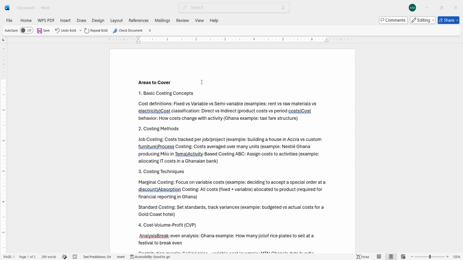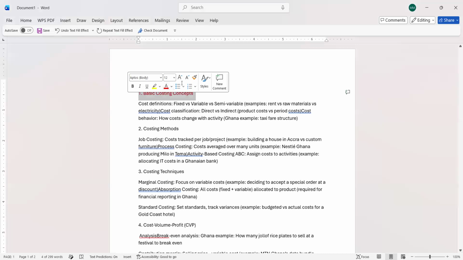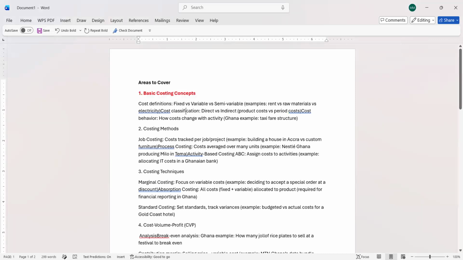So these are the areas we'll be covering. We talk about the basic costing concepts. Our new students will have to know what the basic costing concepts are. Cost definitions, like what is a fixed, variable, or semi-variable cost.